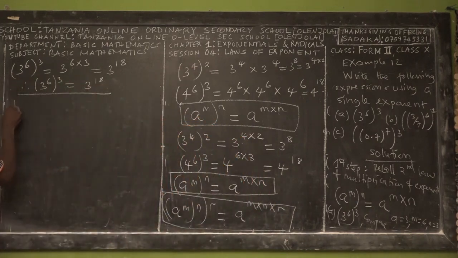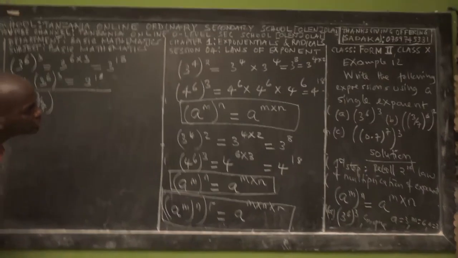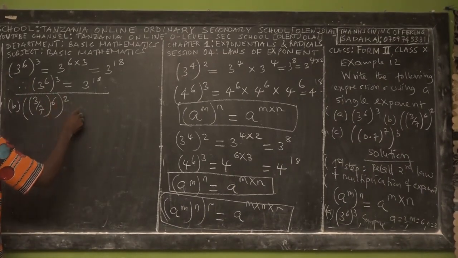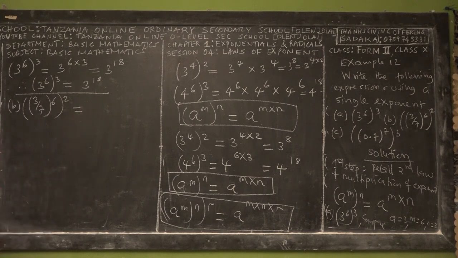Roman B will be given 3 over 7 power 6, and this one squared.